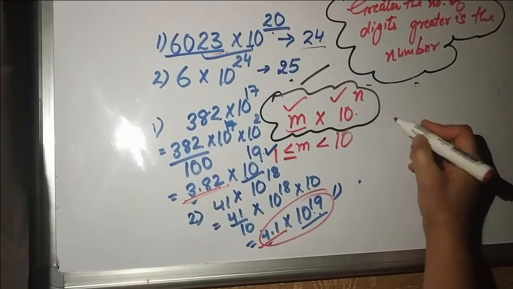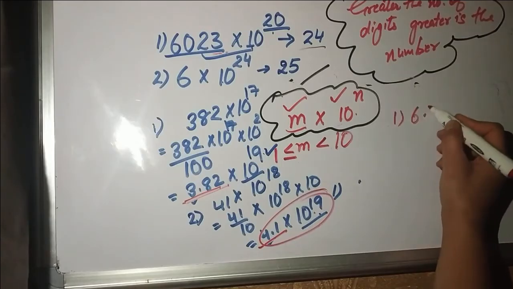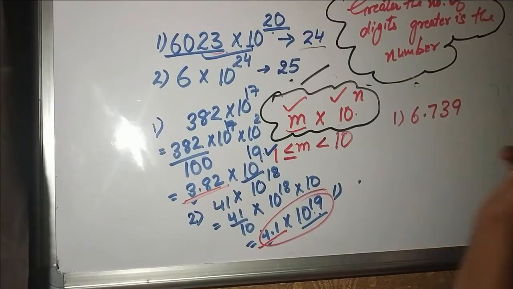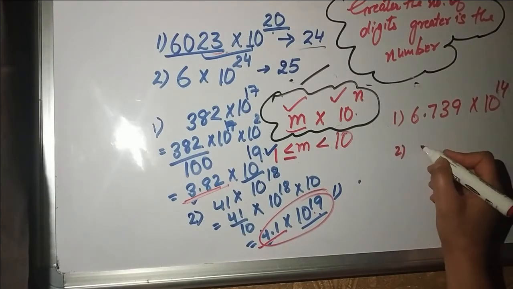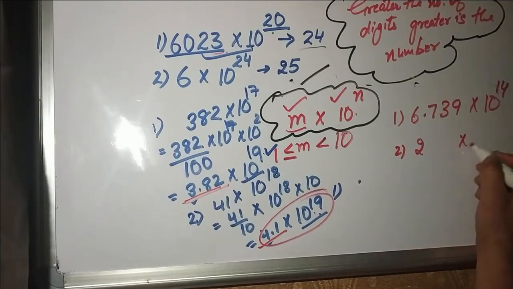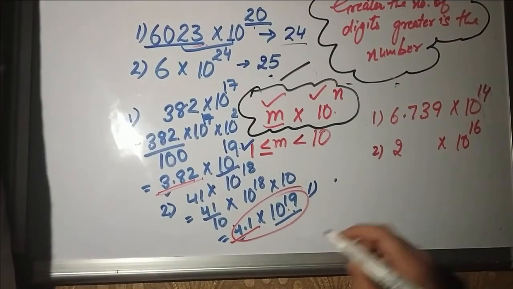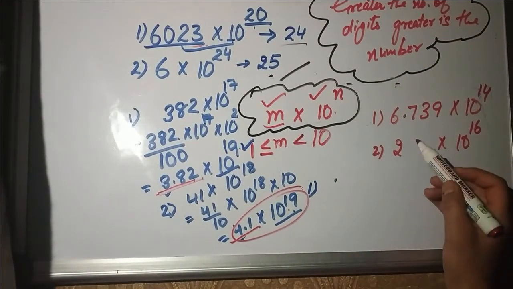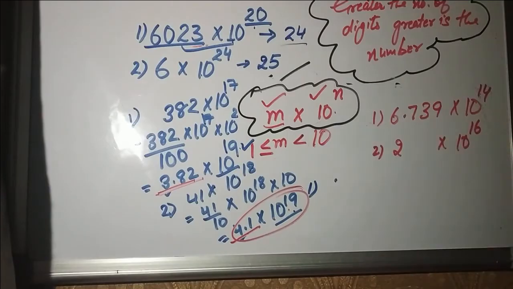Now, if you have a number 6.739 into 10 raised to power 14, and here you have 2 into 10 raised to power 16. This is actually a good example for this format. Which one is greater?